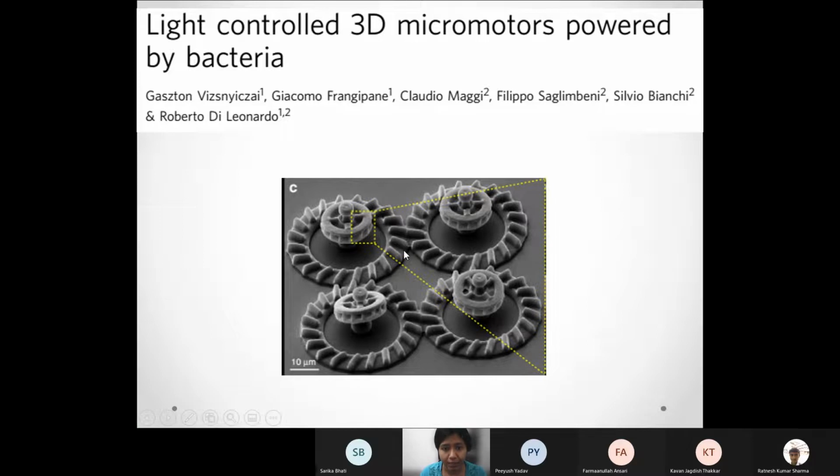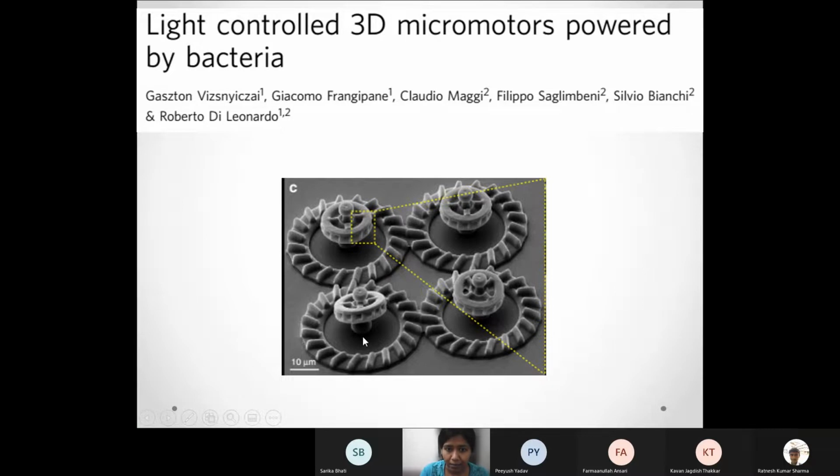You can see that these are rotors which have these grooves in them. And these grooves are of the size of the bacteria that we wish to trap. The idea is that once the bacteria that is moving in solution gets trapped here, then the flagellar movement of the bacteria would start powering the motion of this rotor.